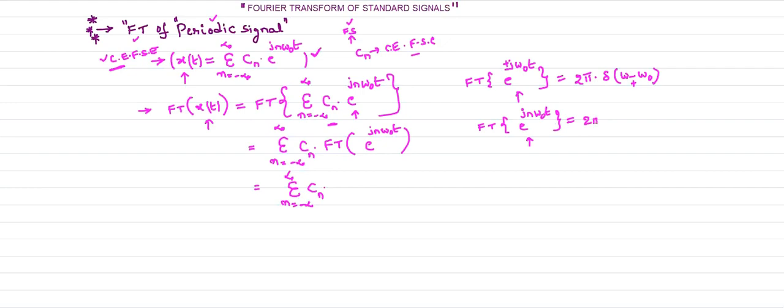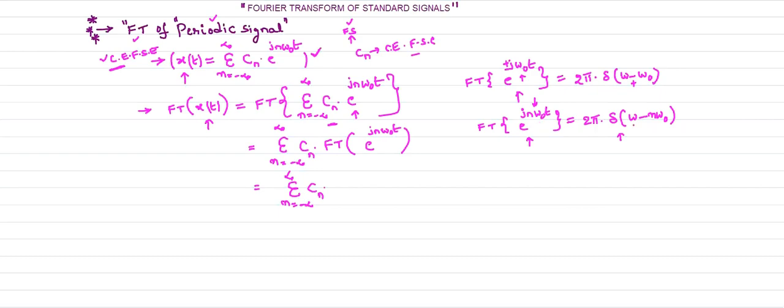It is nothing but 2 pi times delta of omega minus n times omega naught. So this is the formula for the Fourier transform of e power jn omega naught t. Instead of omega naught, here we have n times omega naught.